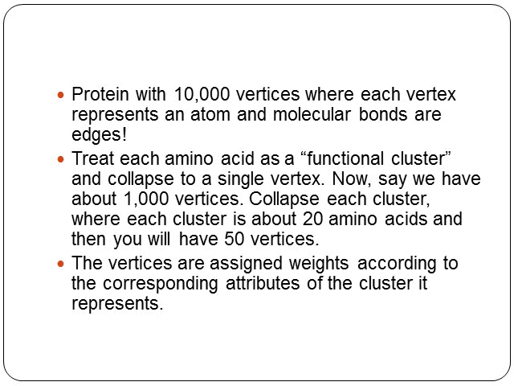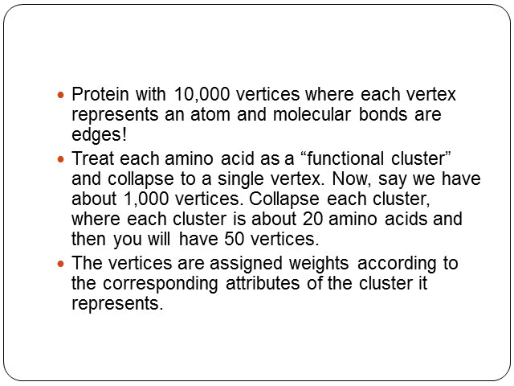So if we have a protein where each atom is represented by a vertex, it's easy to have a large enough protein that we would have tens of thousands of vertices, or at least more than 10,000 vertices. So we will treat each amino acid as a functional cluster and say on average each amino acid has 10 atoms.